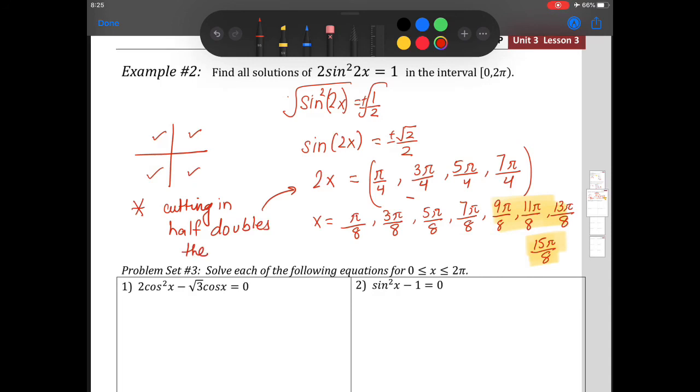Or in other words, initially to sketch one cycle, you just needed 4 points in 2 pi radians. But since you're sketching 2 cycles, you'll have a total of how many points? 8 critical points. I hope that makes sense, and try the problem set.